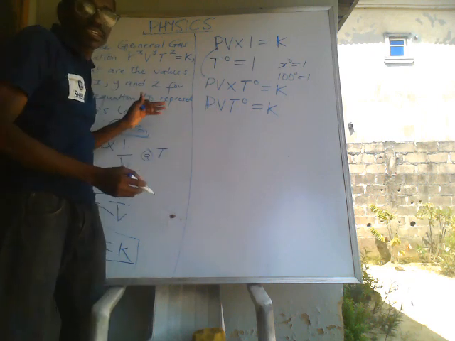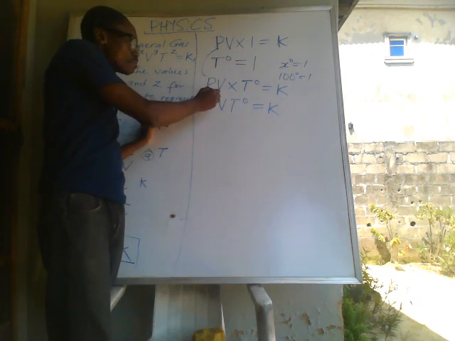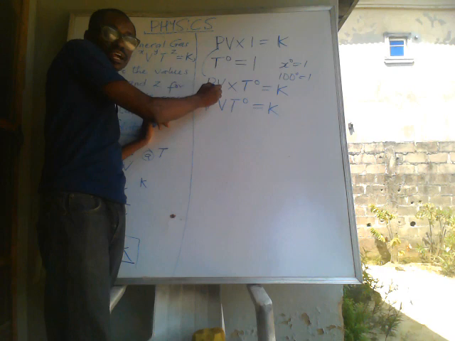So at the end of the day, P is carrying power 1 because the power is not shown, V is carrying power 1, T is carrying power 0.